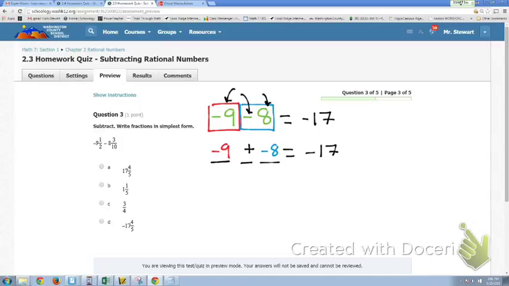So if you come over here, you just need to remember this is a term. It's a negative 9 1/2. And the other one is also a term. It is a negative 8 3/10. And all I'm doing is taking two negative numbers and adding them together.